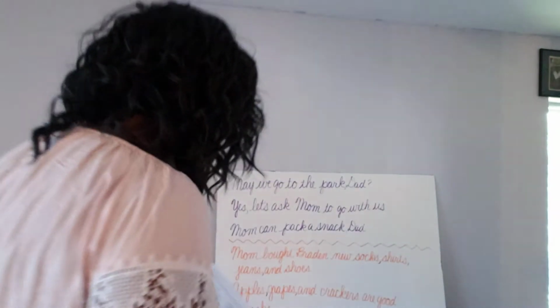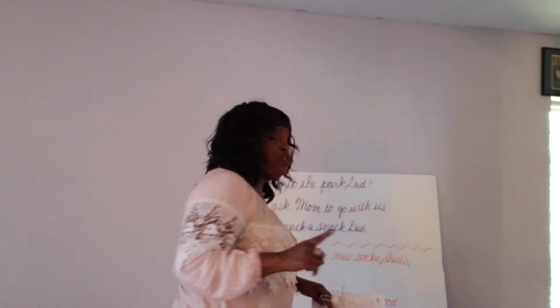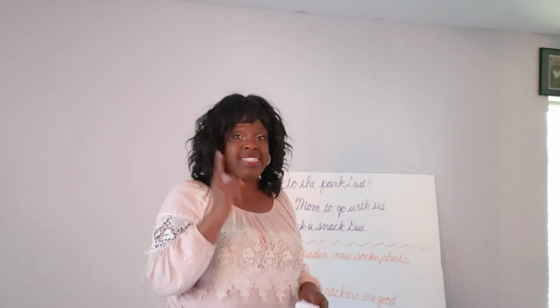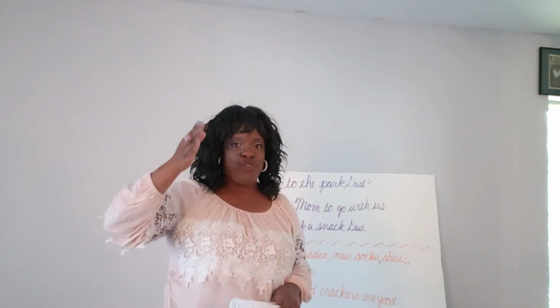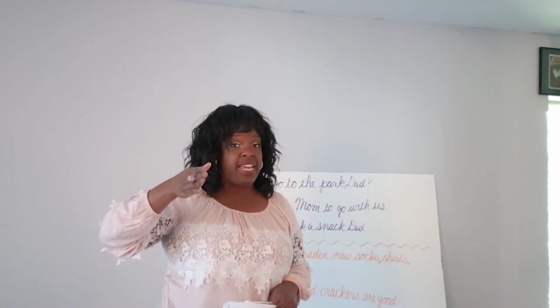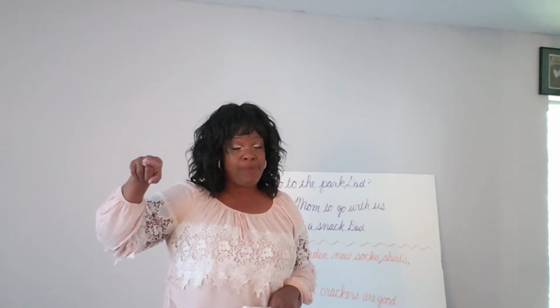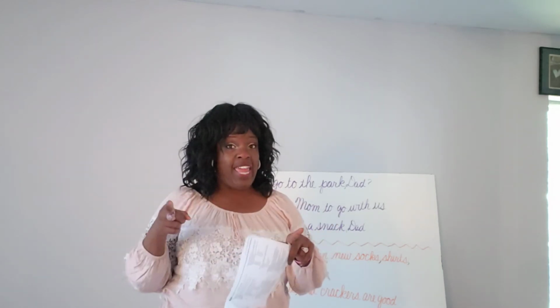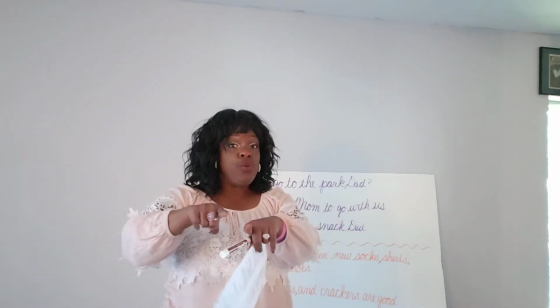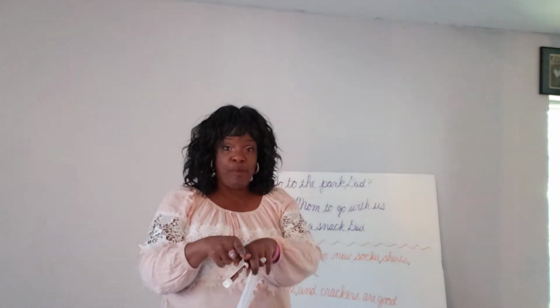So when else are we going to put our commas? Between words in a series. So we put a comma after yes or no at the beginning of a sentence. We put a comma before and after a name when you're talking to the person, not about the person.